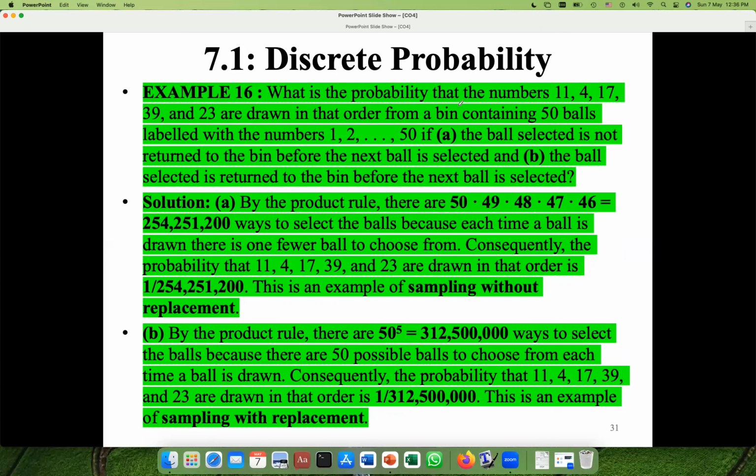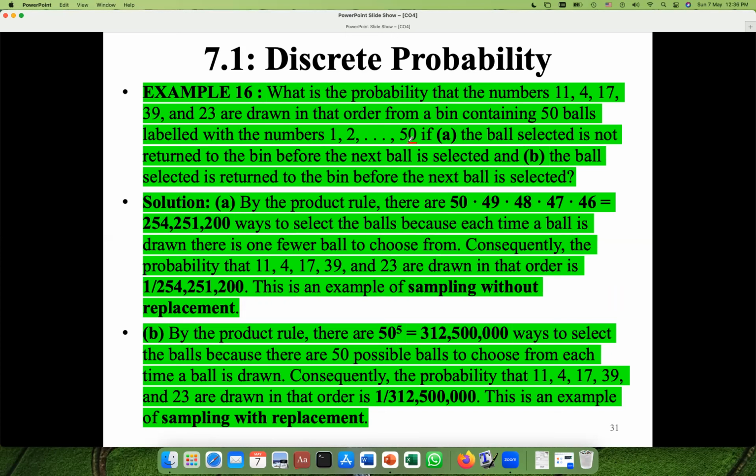What is the probability that the numbers 11, 4, 17, 39, and 23, these 5 numbers, are drawn in that order from a bin? You have a basket from which you take out the numbers, and that bin contains 50 balls labeled 1, 2, and so on up to 50.